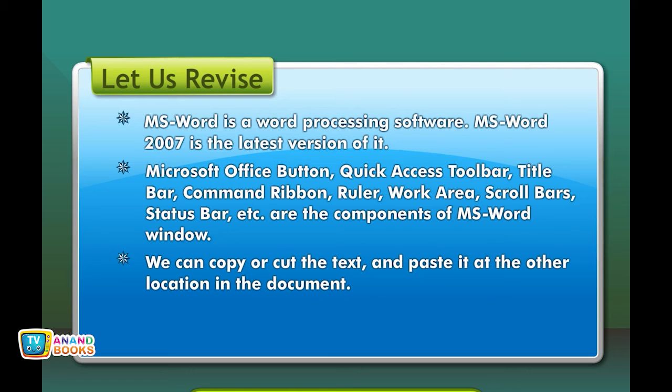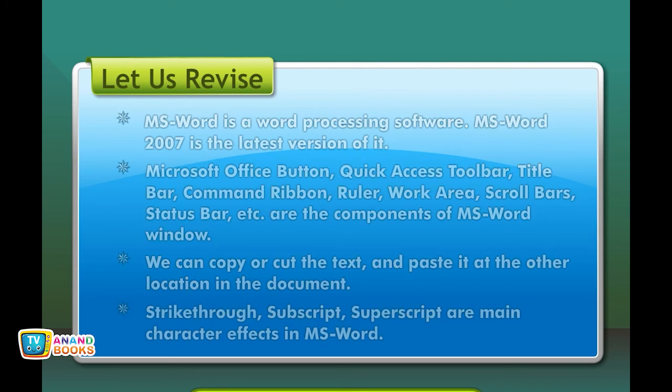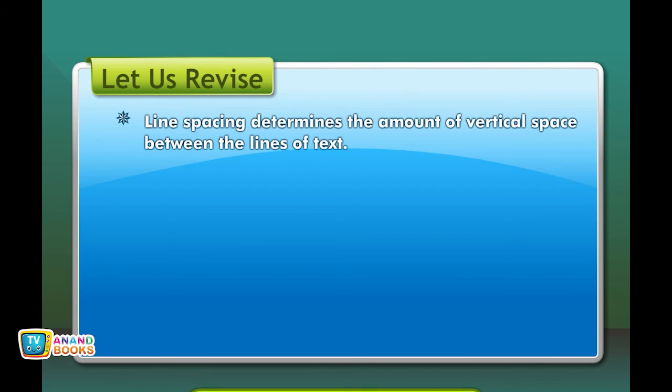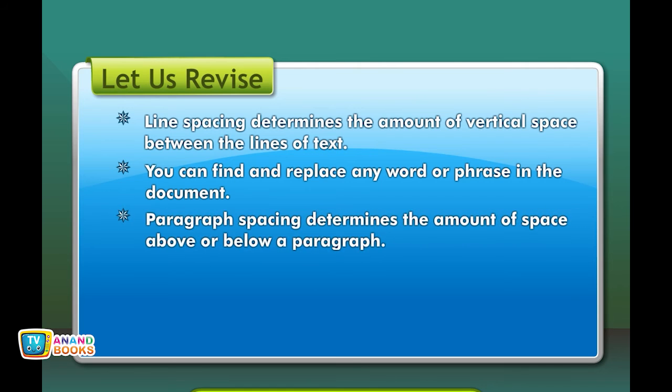We can copy or cut the text and paste it at the other location in the document. Strike through, Subscript, Superscript are main character effects in MS Word. Line spacing determines the amount of vertical space between the lines of text. You can find and replace any word or phrase in the document. Paragraph spacing determines the amount of space above or below a paragraph.